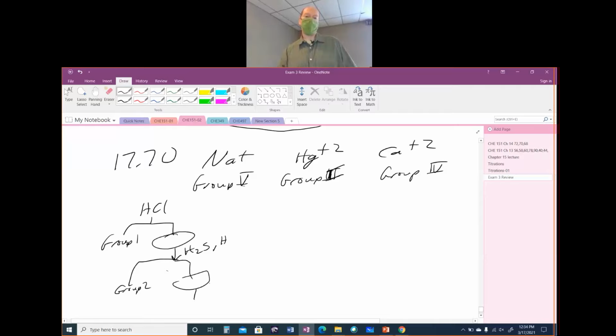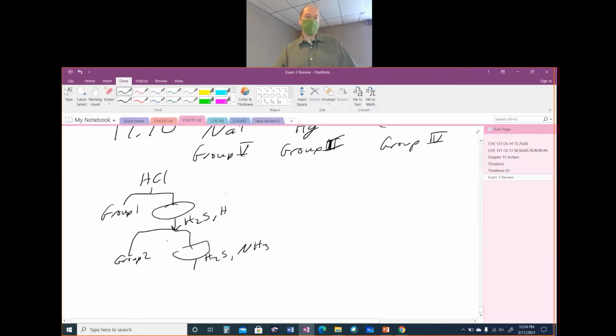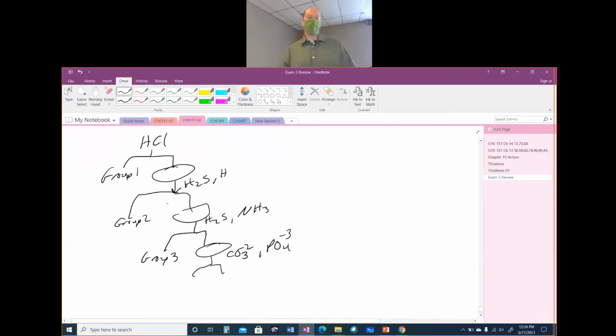Now you're going to have H2S, and you're going to add NH3, which is a base, and that's going to precipitate out your group 3. And then you have your solution, and then finally you're going to add either a carbonate or a phosphate, because the rules are all carbonates and phosphates are insoluble, and that will give you group 4.